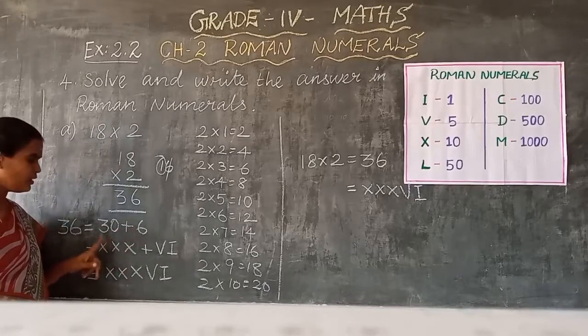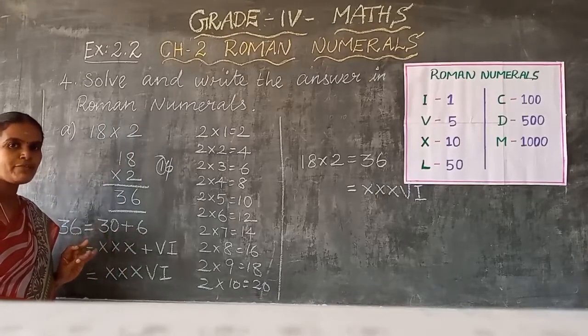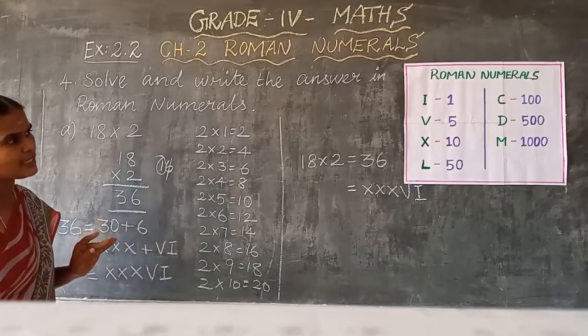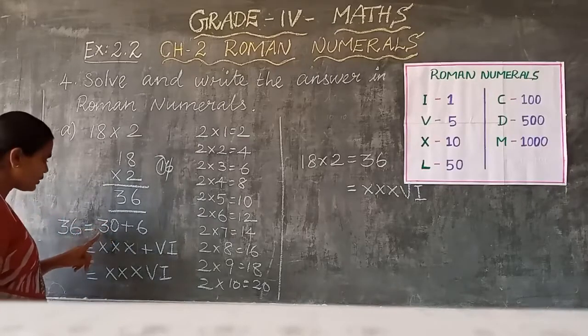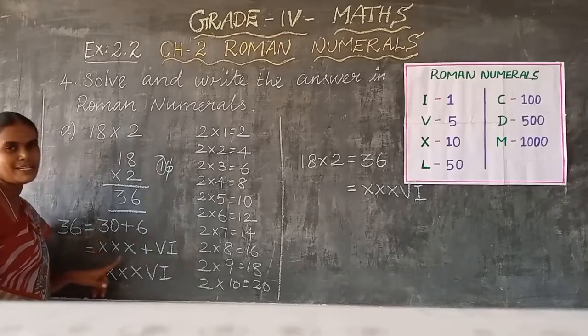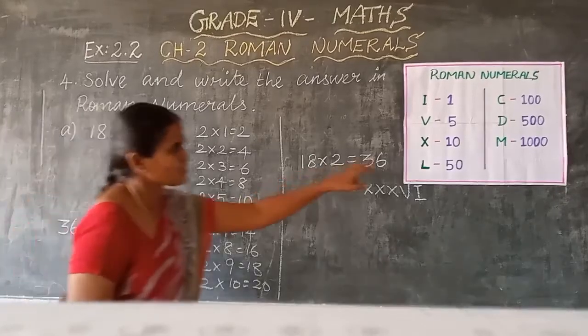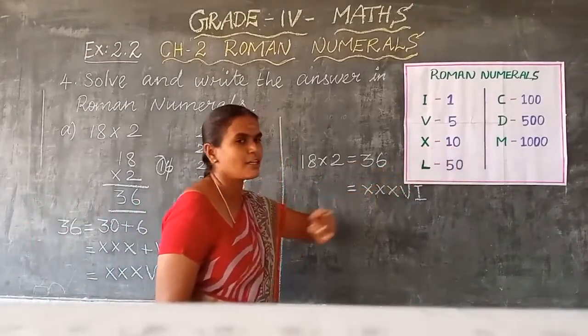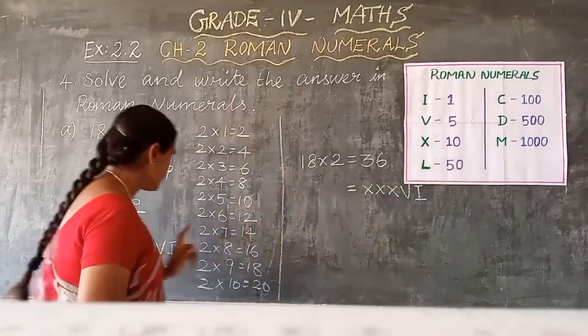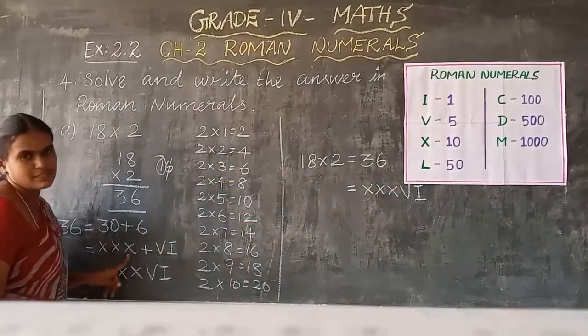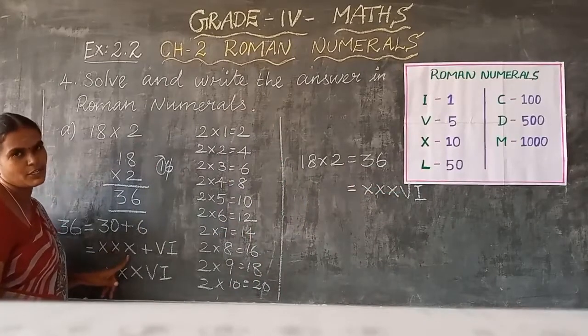Roman numeral rules. First rule, I, X, C, M can be repeated a maximum of 3 times. So 30 means I will write X 3 times, because X value is 10. So 30 means 10 plus 10 plus 10 equal to 30. So X, X, X. Repeated means addition.